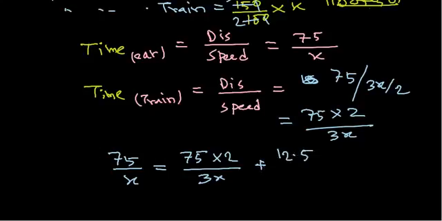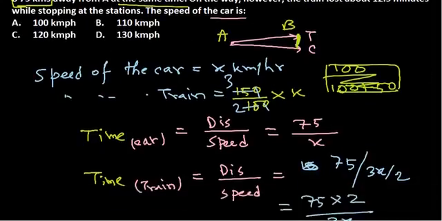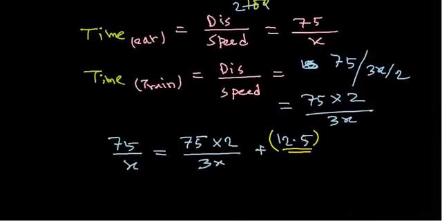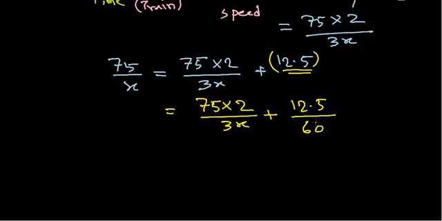Now this value is in minutes, and every calculation is going on in kilometers per hour, so we need to convert minutes into hours. To convert minutes into hours, simply divide by 60. So we can write 75 into 2 by 3x plus 12.5 divided by 60, right?